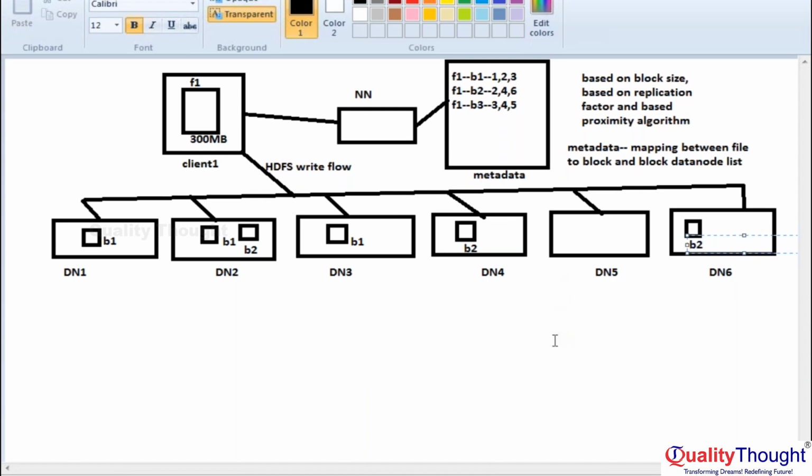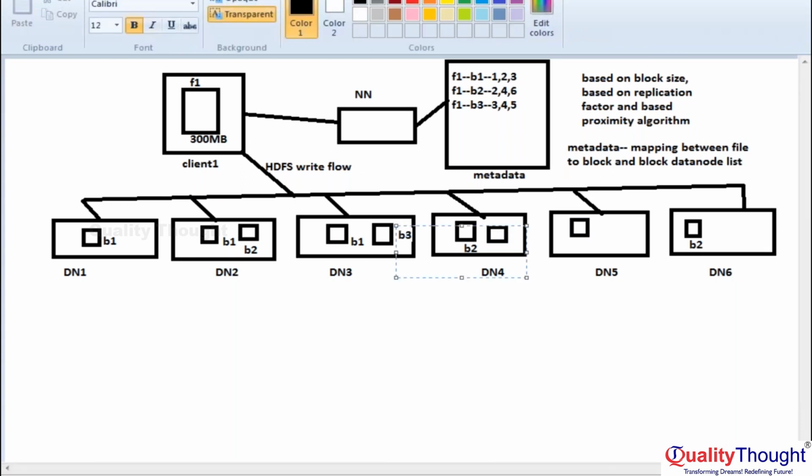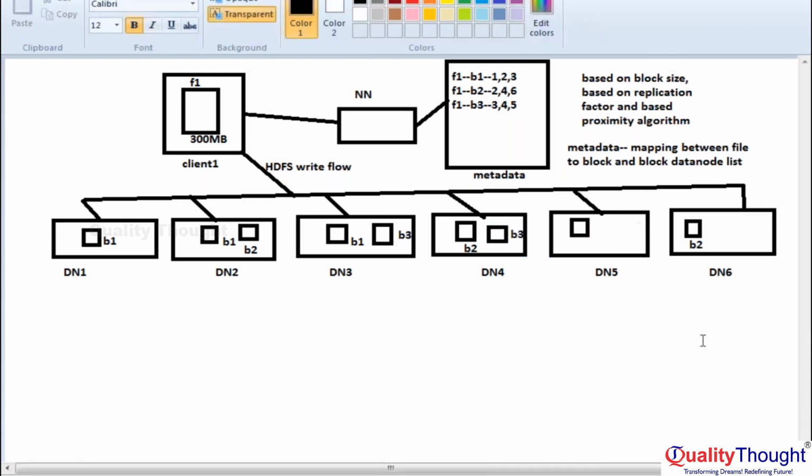Next, block 3 placed in data nodes 3, 4 and 5, right? Block 3, block 3, and block 3.